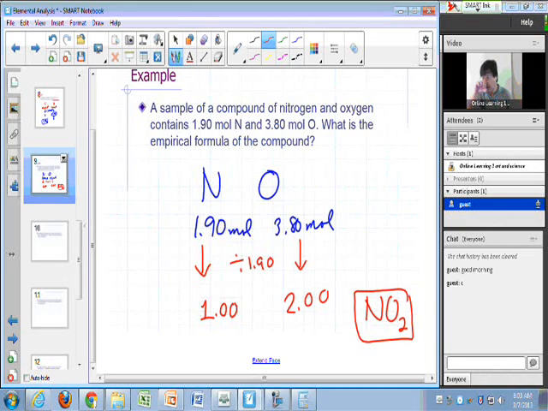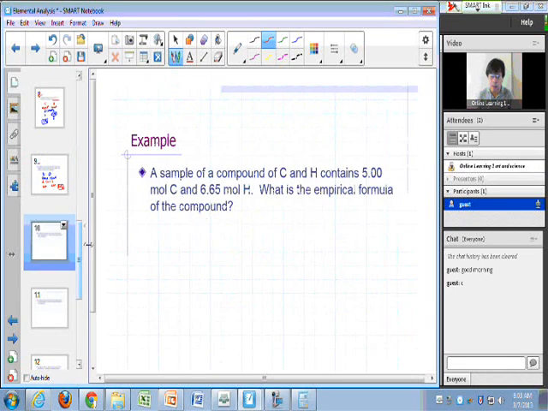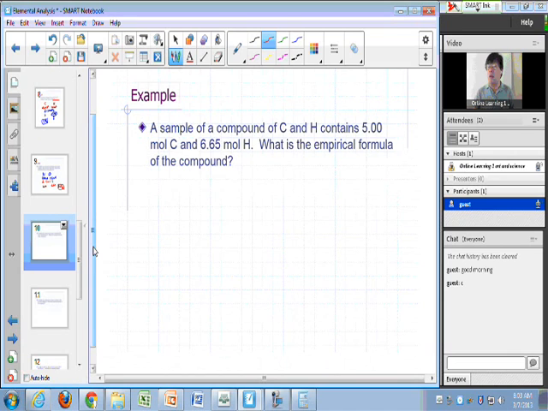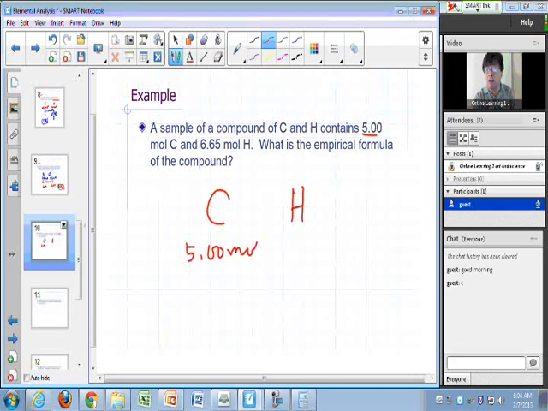Right? So that's another example. Let's look at another one. You have a compound of carbon and hydrogen. Okay? And let's say a particular sample of that compound you found to have 5.00 moles of carbon and 6.65 moles of hydrogen. So again, what's the strategy here?